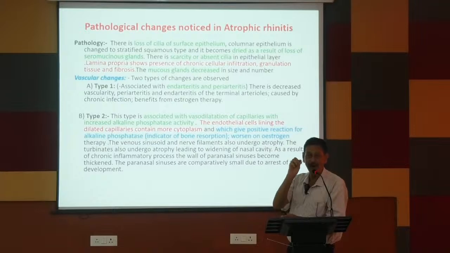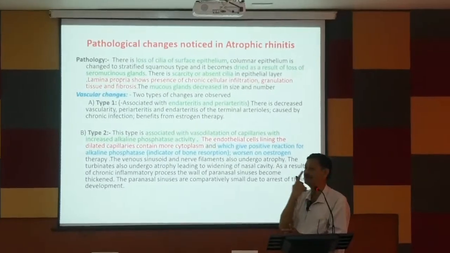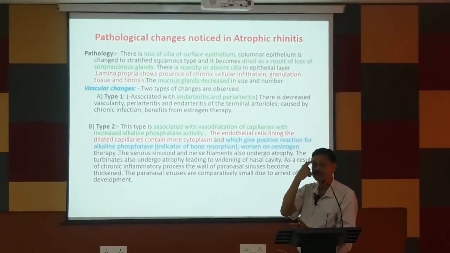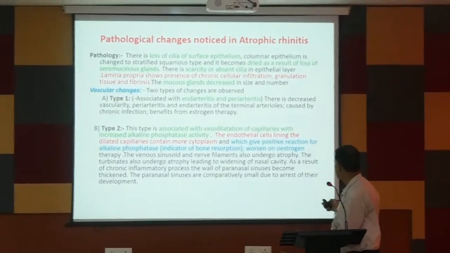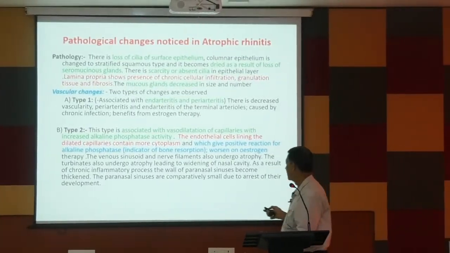The maxillary sinus grows up to the age of 25, up to 21 in the books. So if it occurs before that, it will prevent aeration to that part. That leads to hypoplasia of the cheeks, and the paranasal sinuses remain small and their development is arrested.